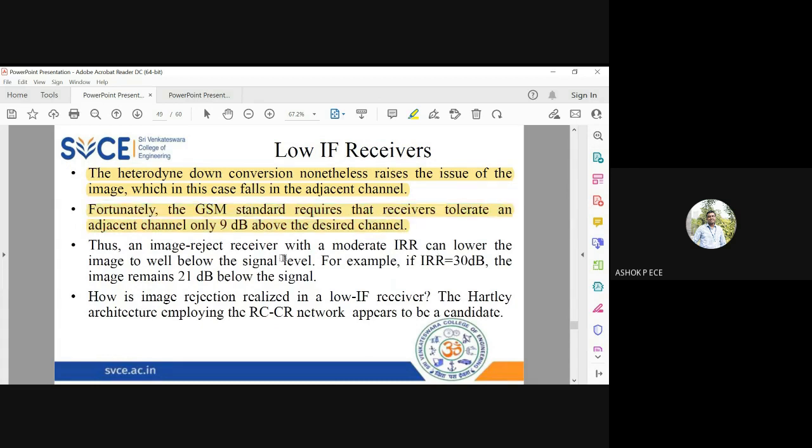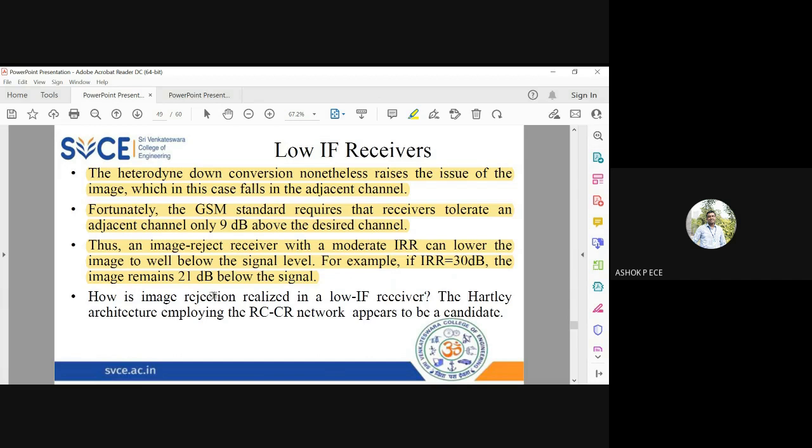If you have an IRR of 30 dB, the image signal remains 21 dB below the signal. We have seen that if IRR is 30 dB, it means the image is 30 dB less. So if you assume 9 dB is your channel power, the image will be 21 dB below your channel.